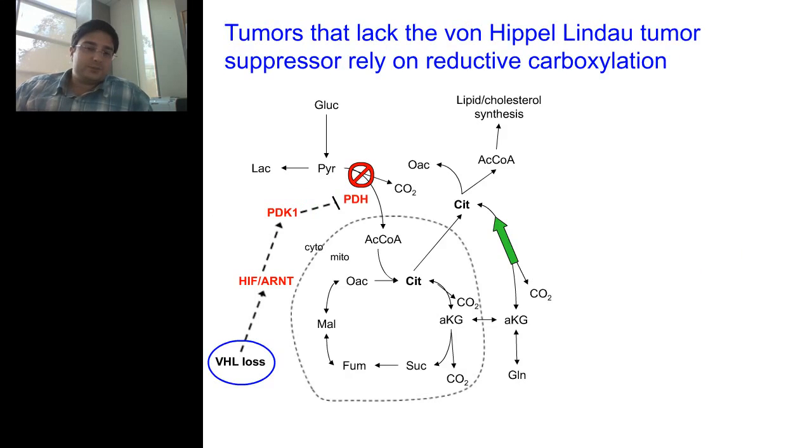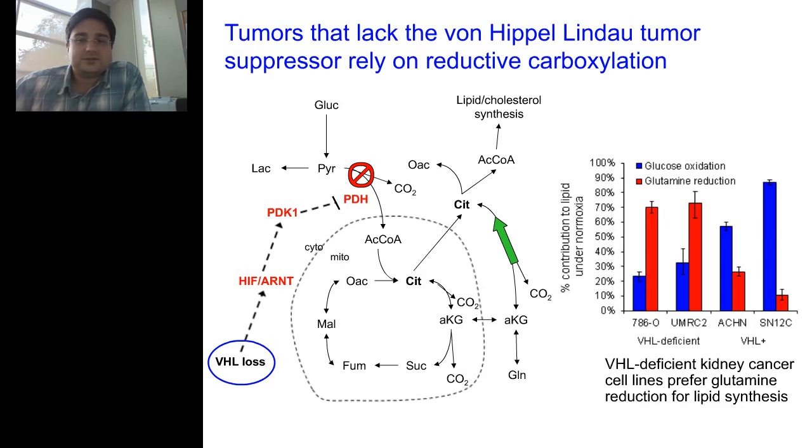This pathway is particularly important in some cancer cells, as we've seen, and in particular, some tumors from patients with von Hippel-Lindau syndrome, such that they lose this VHL tumor suppressor protein and have constitutively active HIF. And surprisingly, we found that these cells are always dependent upon glutamine for their lipid synthesis.